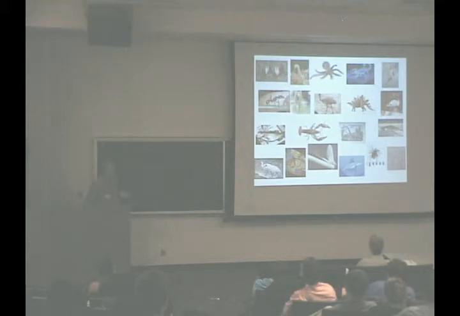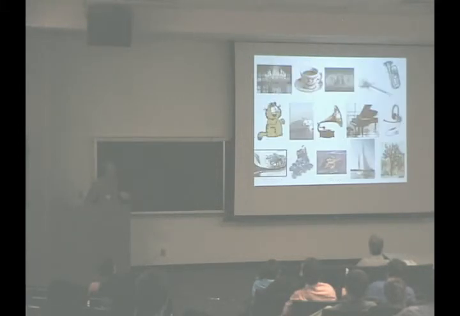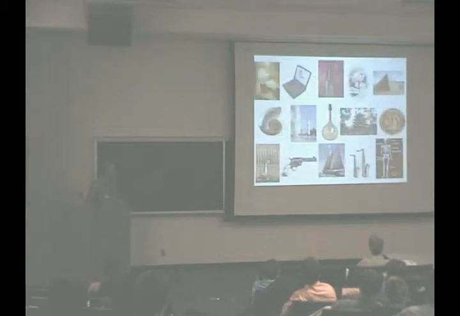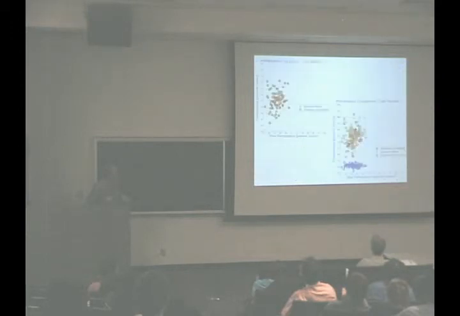So there are 101 categories. There is no specific rhyme or reason, it's what we could obtain easily from Google. So in this case, I forgot what category it is, I think it's tempo or something like that. You see that they are somewhat noisy.